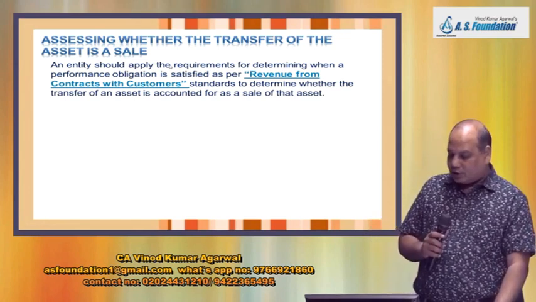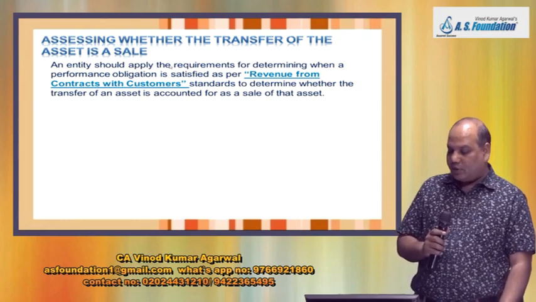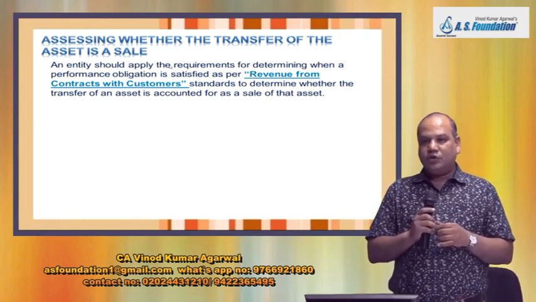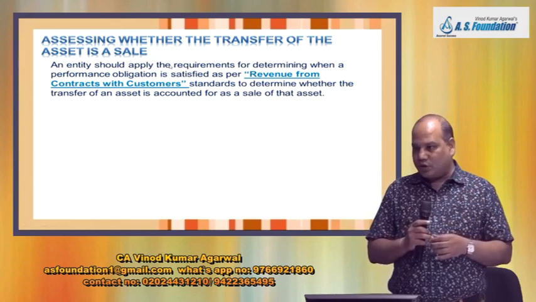So apply the standard Revenue from Contract with Customer to determine whether the transfer of the asset can be accounted for as a sale of that asset. There are some conditions given in the revenue standard.